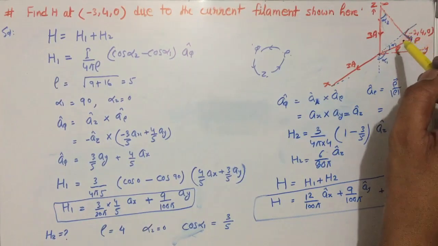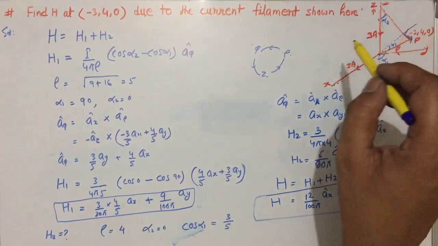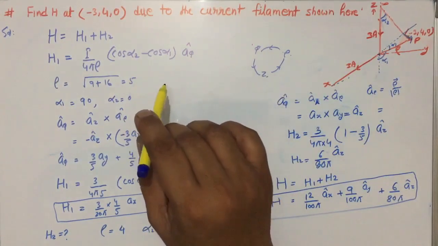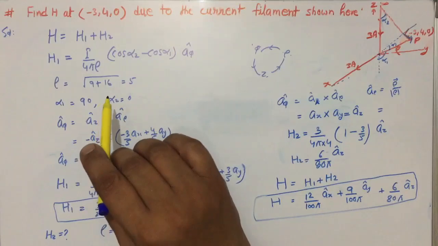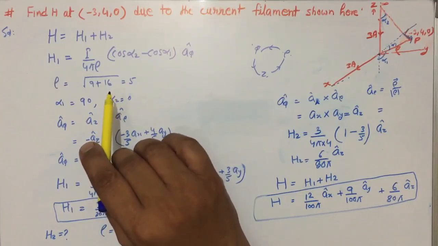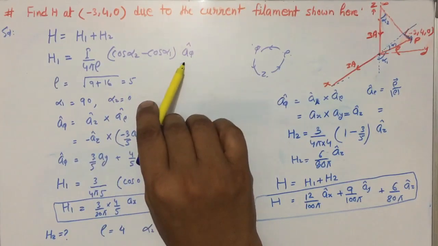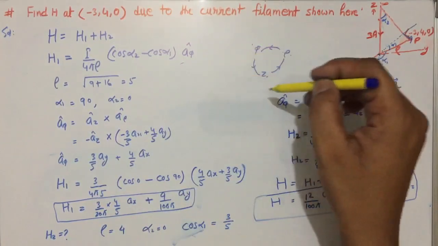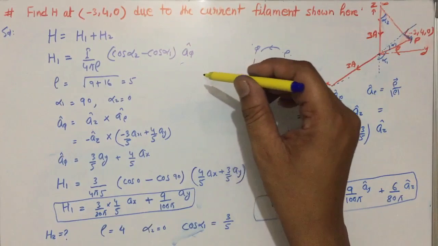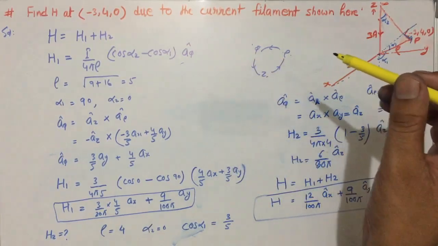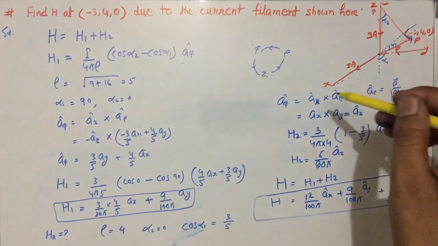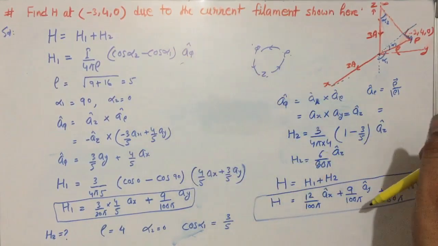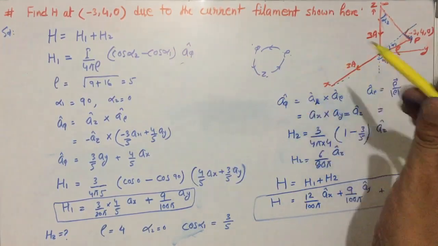So rho will change according to the position of the line. The second thing is alpha 1 and alpha 2, and the third one is a phi, that we can find from here. Any unit vector is nothing but the vector itself divided by its magnitude. That will help to find a phi. So in this way we can find the total magnetic field intensity for this case, or for any case you can find.